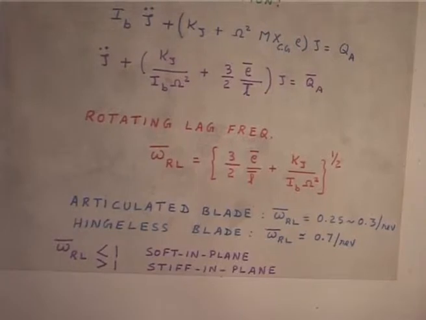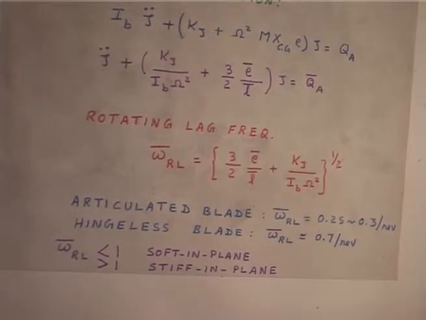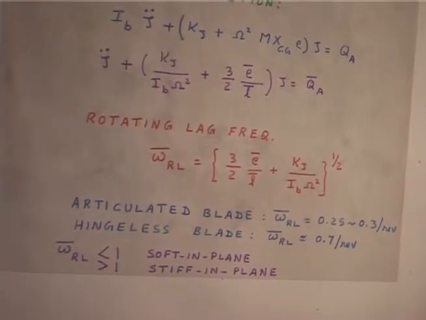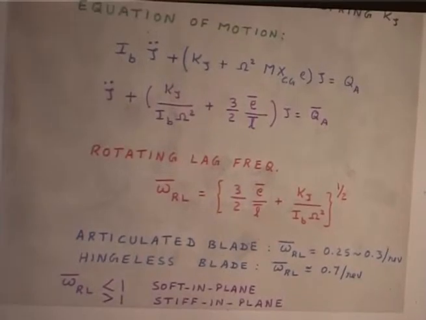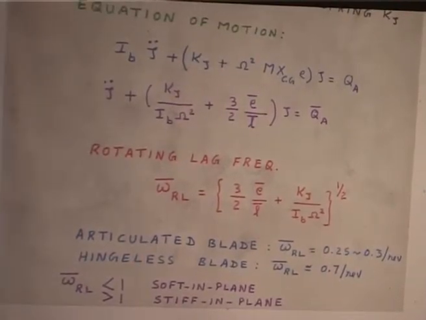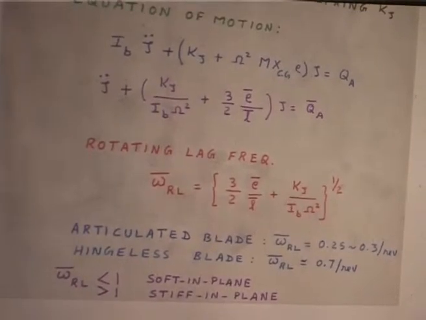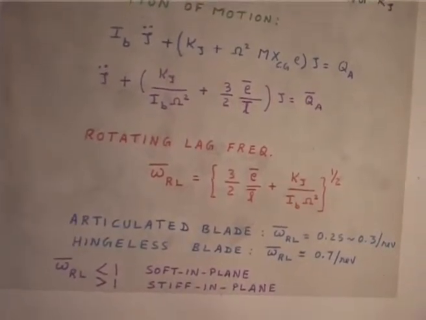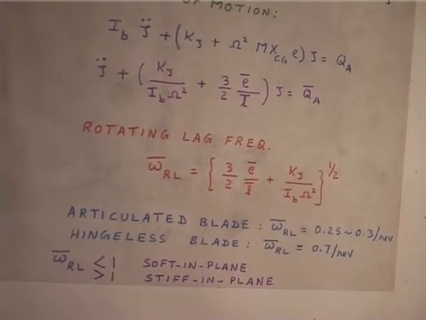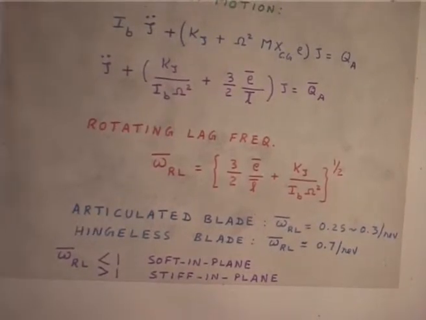The definition that goes is, if it is less than 1, it is called soft in plane, it is a name. If it is more than 1, it is called stiff in plane. Okay. Now, which is better? What is the effect of this frequency on the overall vehicle or the blade?